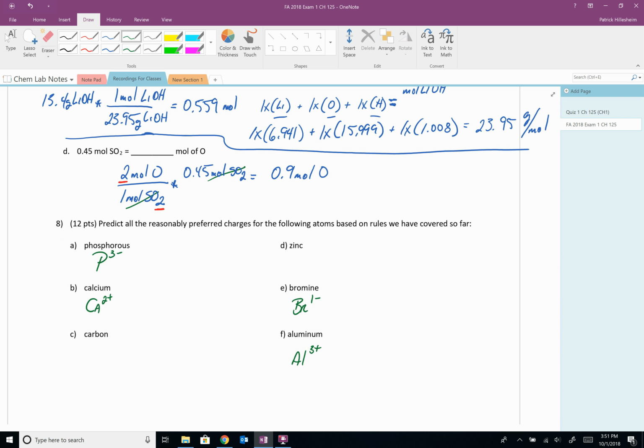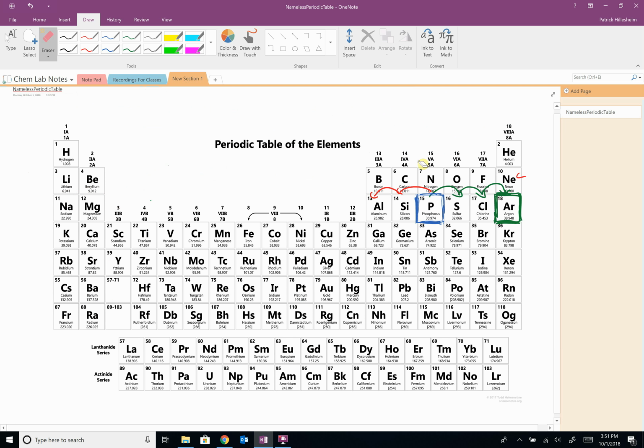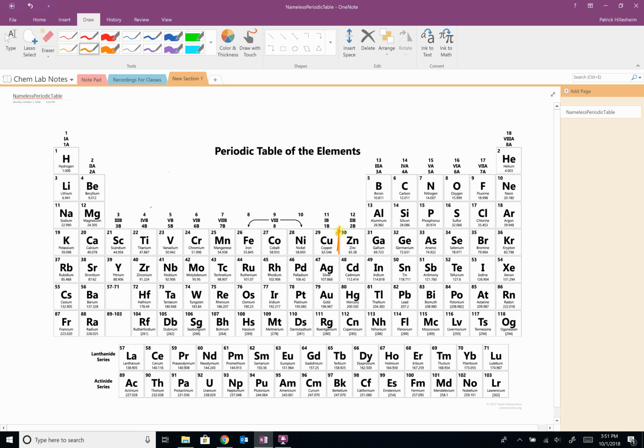All right, so let's talk about zinc. Here's zinc. So what do we know about zinc so far? It's a transition metal, and it's in what we refer to as our D block.